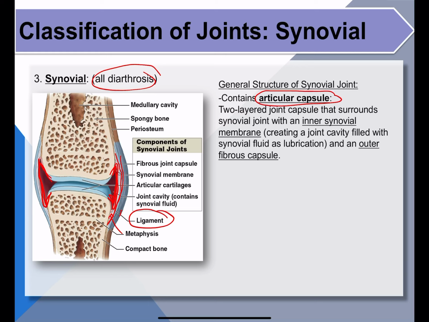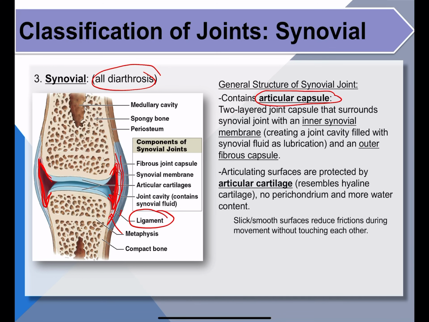All right. Articulating surfaces, like I was talking about, articulating means bones that are actually forming the joints. They are protected by a layer of what's called articular cartilage. So this area right here and this area of the other joint.